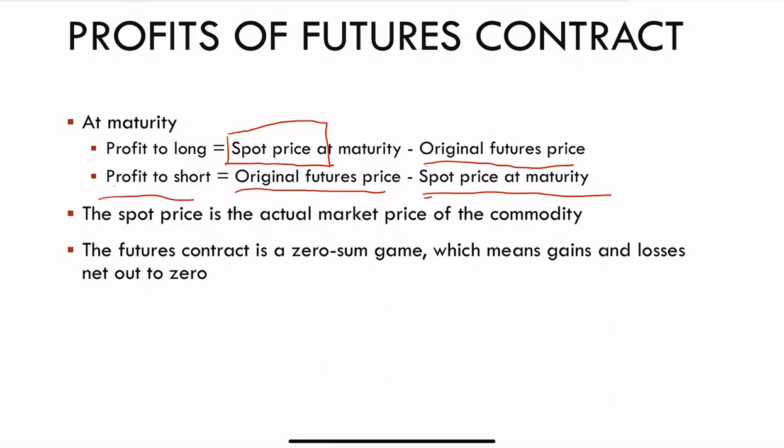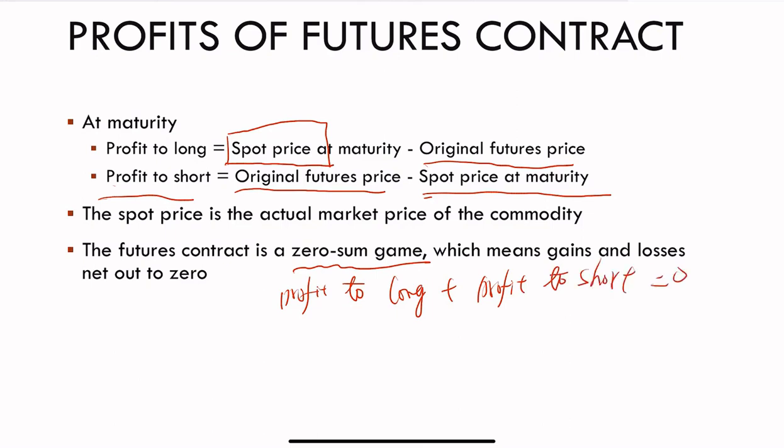From the formula, you can see that a futures contract is a zero-sum game, which means profit to long plus profit to short equals zero. That is, the sum of the two parties' gains and losses is zero.